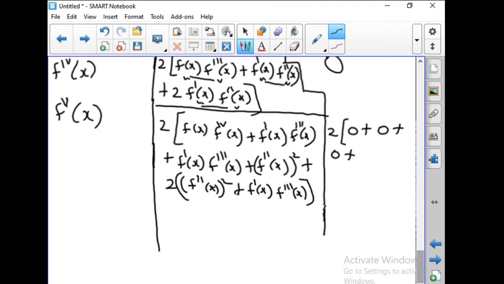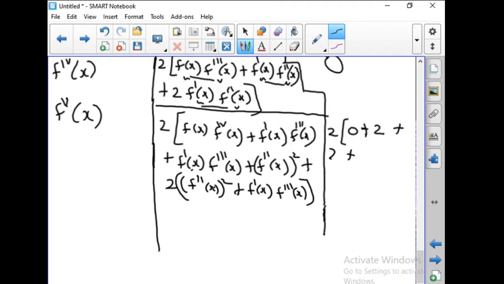Okay, f of x is 0, f dash of x is 1, but f triple dash, I made a mistake here. Okay, நல்லா பாருங்கம்மா, f dash இங்க வந்து f of x வந்து 0, so you get 0. ஆனா அடுத்ததுல பாரு, f dash of x is 1, f triple dash of x is 2, அப்போ 1 into 2, இங்க 2 வந்துரும் நமக்கு. 2 plus அடுத்தது f dash of x is 1, f triple dash is 2, அப்போ இதுவும் 2 தான்.